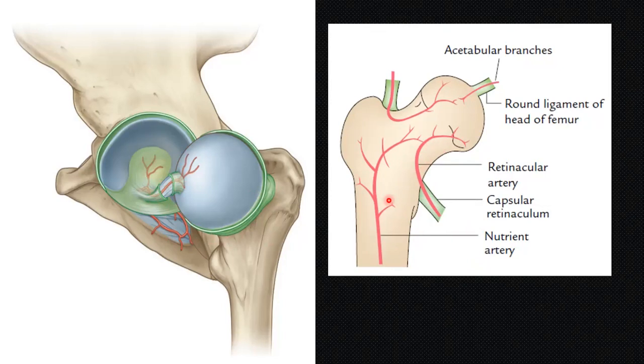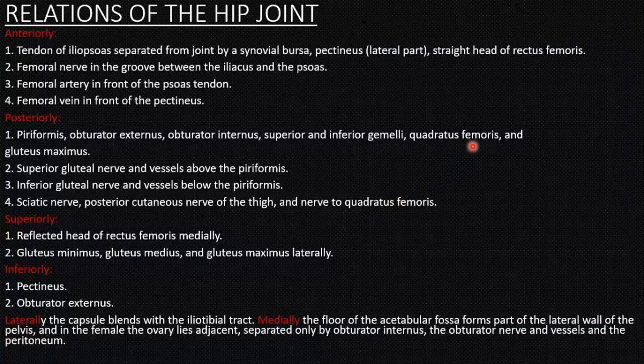Also, we have the nutrient artery, which will supply only a small portion of the head. The most important ones are the retinacular arteries. That is why when you have a cervical fracture of the neck of the femur, there will be avascular necrosis of the head.